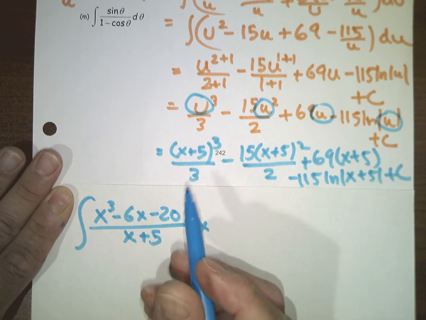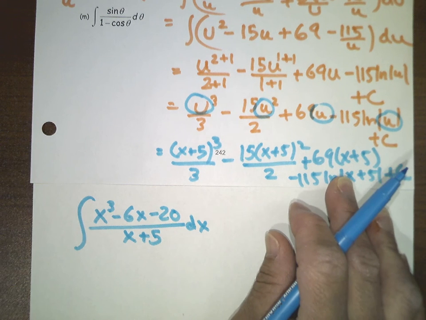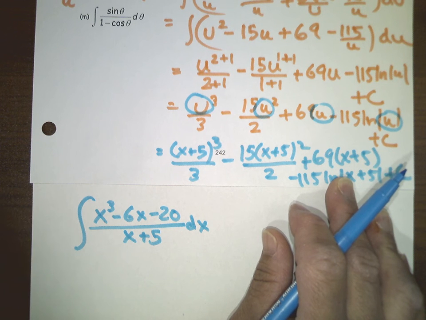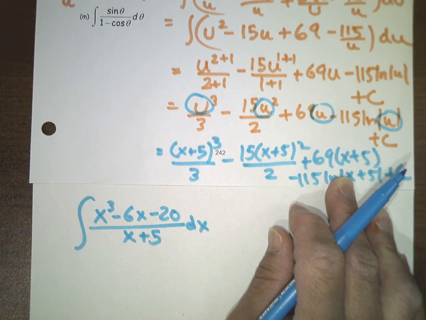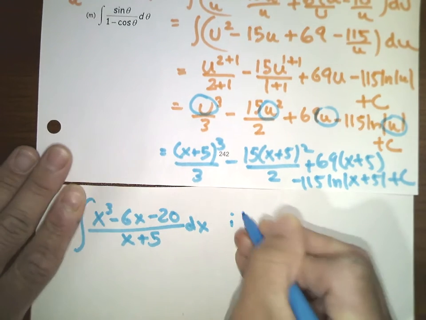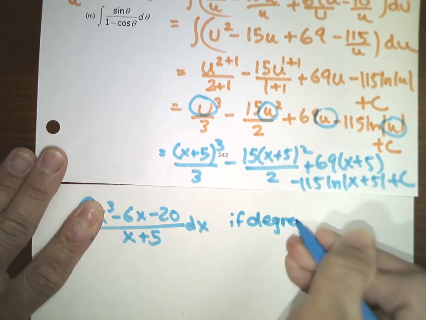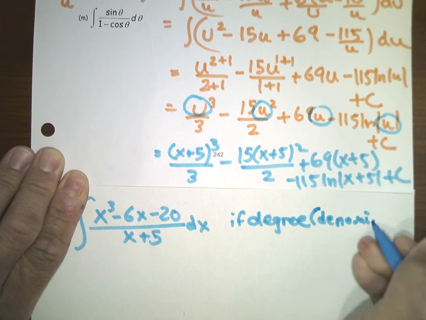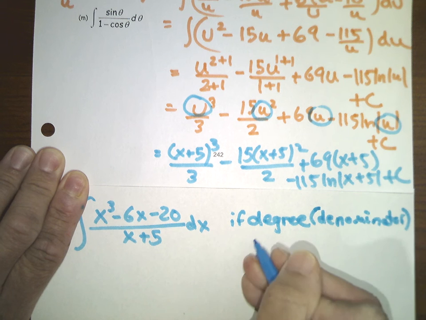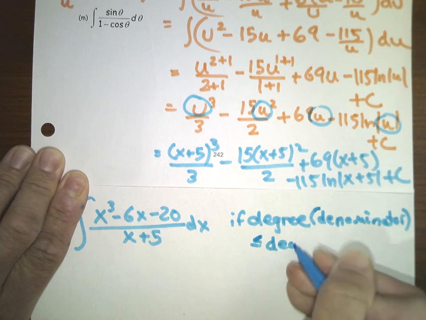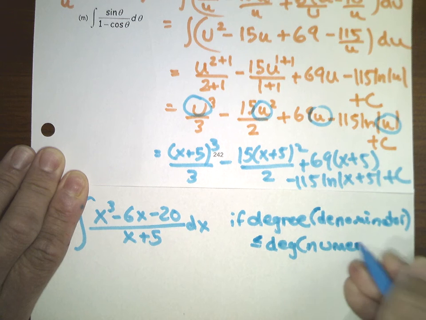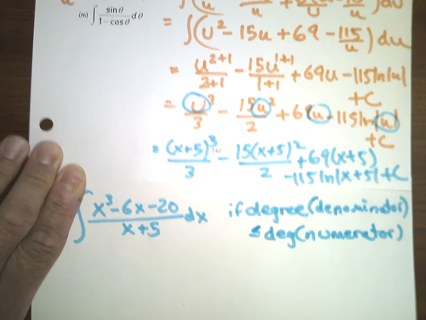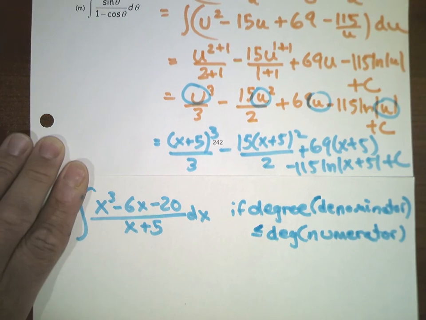just so that you're absolutely aware of this, if the degree of the denominator is actually less than or equal to the degree of the numerator, we have talked about this in the past when we were finding the different asymptotes, I think.